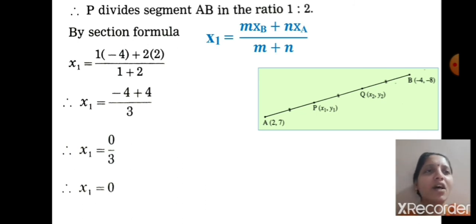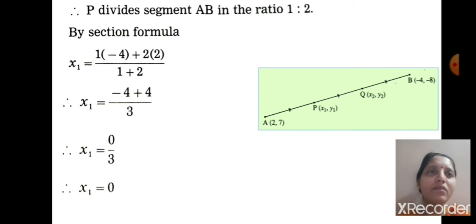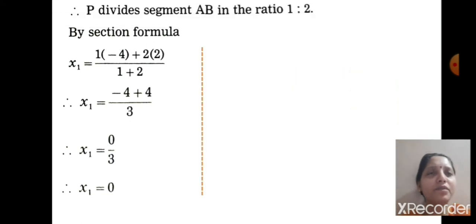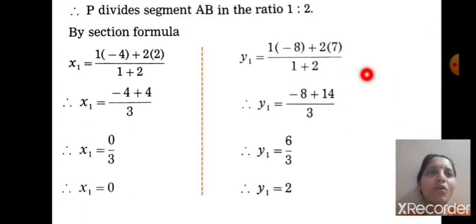Now let's find out the value of y1. So again you will write y1 is equal to myb plus nya upon m plus n. So 1 into -8 plus 2 into 7 upon 1 plus 2.